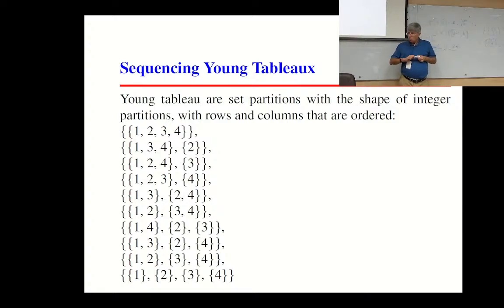Now, what are Young tableaux? They are, again, set partitions, because every number from 1 to n is going to appear in exactly one place, that have shapes of integer partitions, and the rows and columns are ordered. So we can enumerate exactly how many different Young tableaux there are, using the same kind of magic that we've talked about here, if we know how to count them.